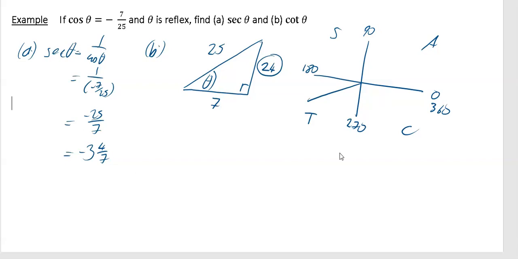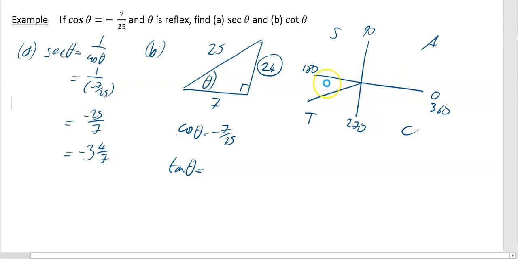So then we can go on and do the rest of this question. We're just going to write down the basic trig functions, our sine, our cos, and our tan. Actually, we don't even need the sine one, sorry, we'll just write down our cos one. So cos theta is equal to minus 7 over 25, and we'll do our tan one. Tan theta is equal to, and look here, tan is going to be positive, so it's going to be 24 over 7.